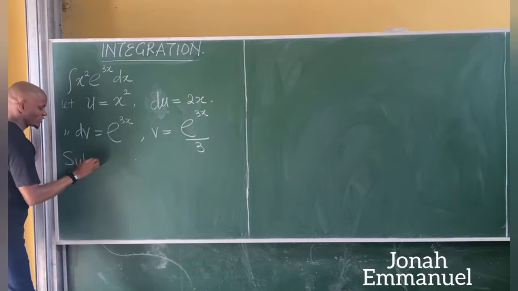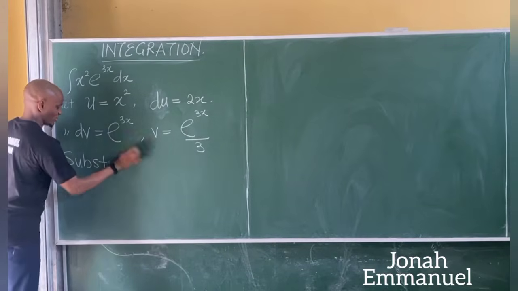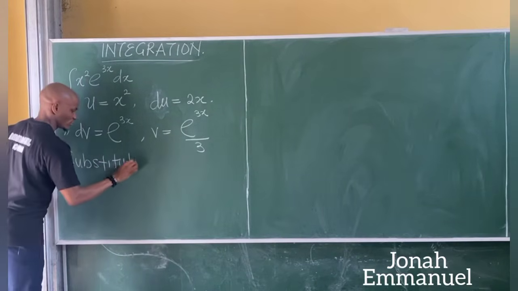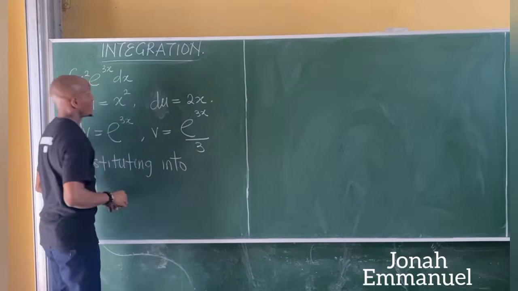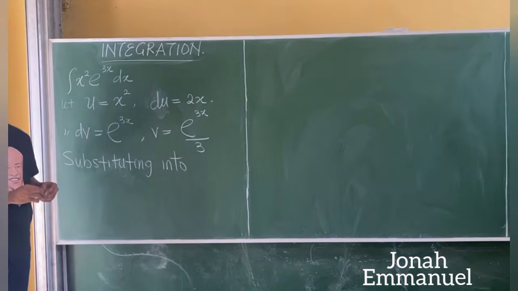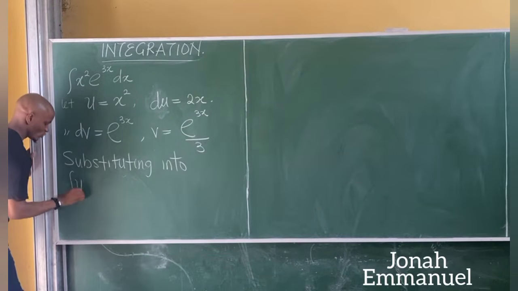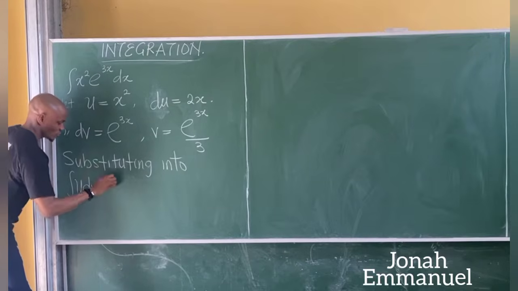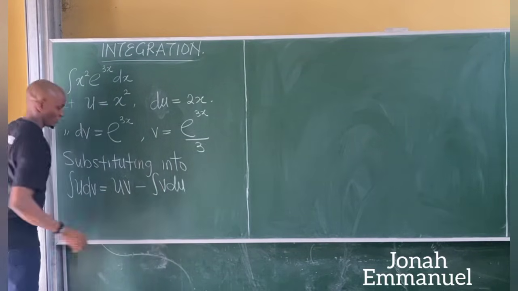So substituting the values into the integration by parts formula, I have that the integral of u dv is equal to uv minus integral of v du.